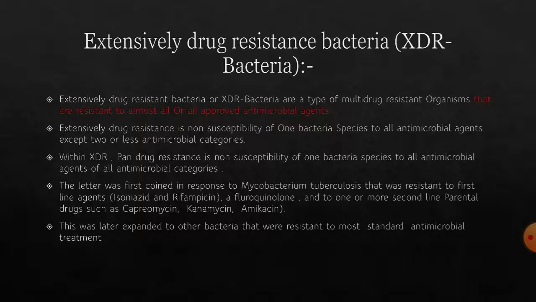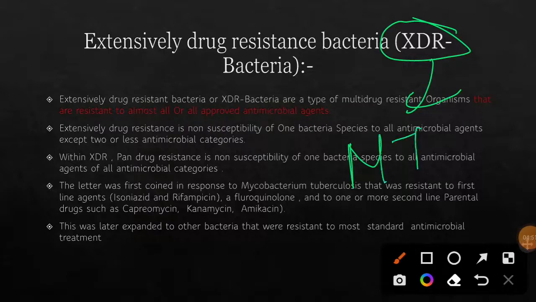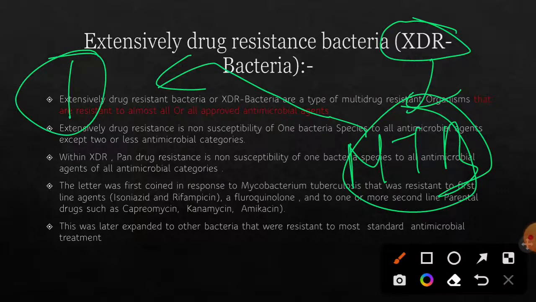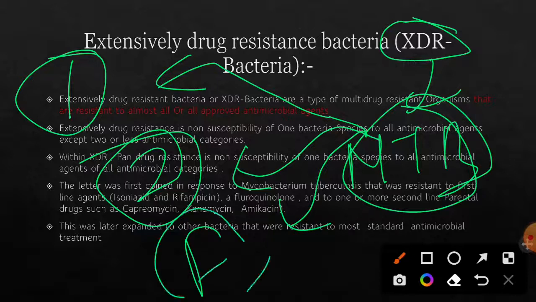The XDR term was first used in case of MTB, that is Mycobacterium tuberculosis. This Mycobacterium tuberculosis had resistance to their first line drugs, let's say isoniazid and rifampicin, and they also developed resistance to fluoroquinolone and to their second line injectables.